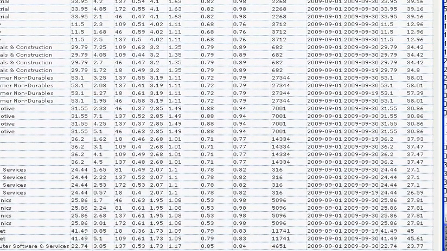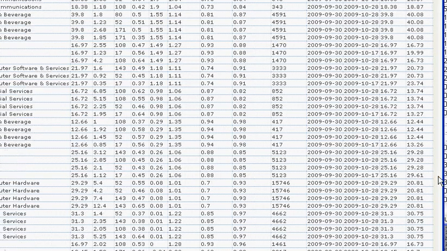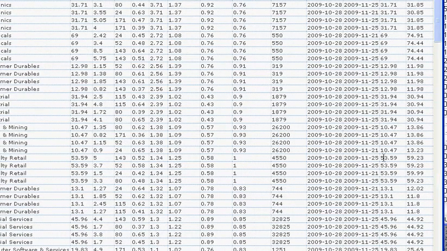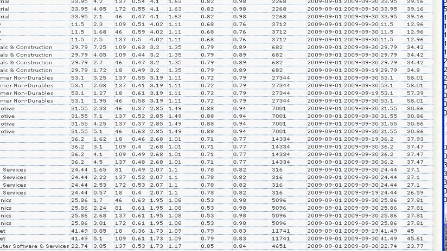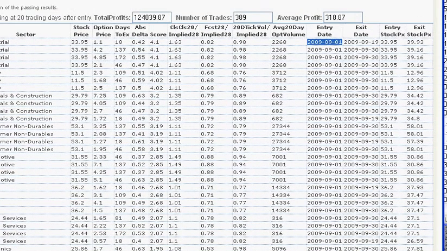And then you can see all these other trades. And then 20 days later is the 30th and the 28th. So now let's see how many trades. Totally we have 389 trades. We have profit of 124,039 and 87 cents, or an average profit of 318.